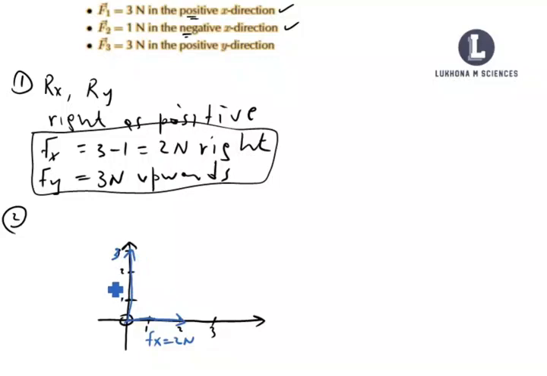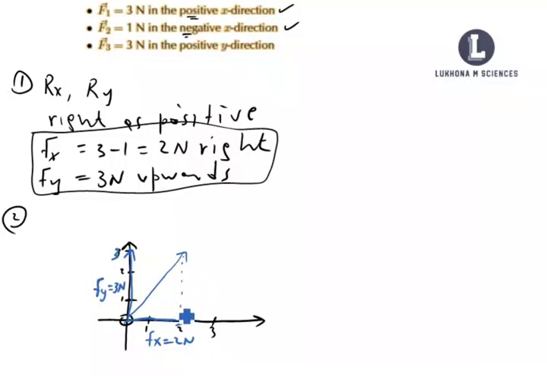That is Fy, which is equal to 3 newtons. So this is very simple. If you pull this up and to the right, it will move in this direction. Now let's try to make a triangle.